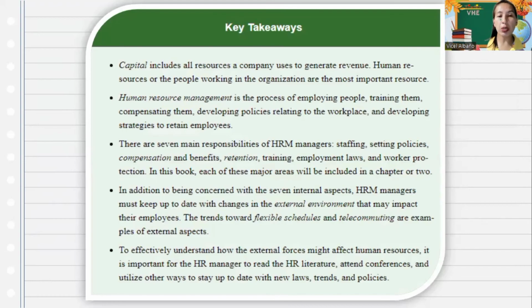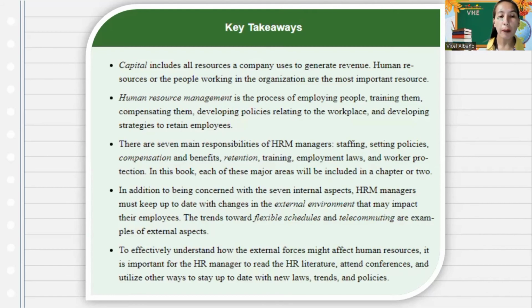Human resource management is the process of employing people, training them, compensating them, developing policies relating to the workforce, and developing strategies to retain employees. There are seven main responsibilities of HR managers: staffing, setting policies, compensation, benefits, retention, training, employment laws, and working protection.